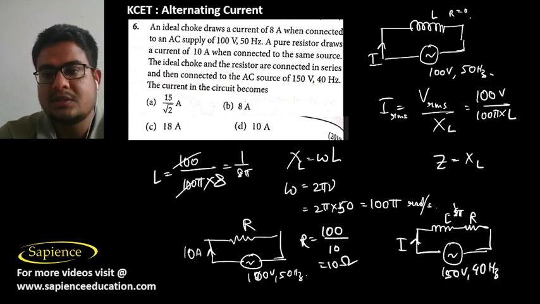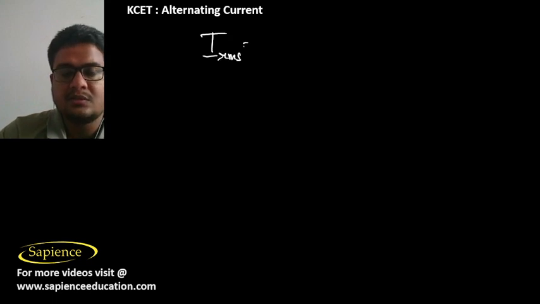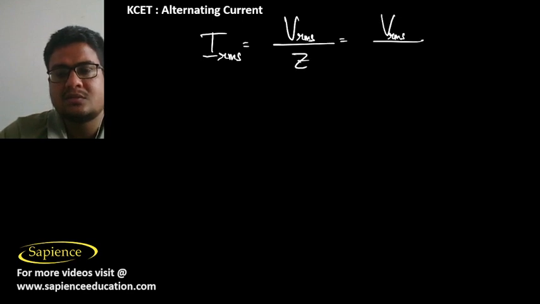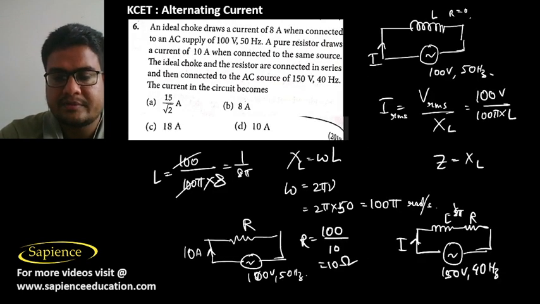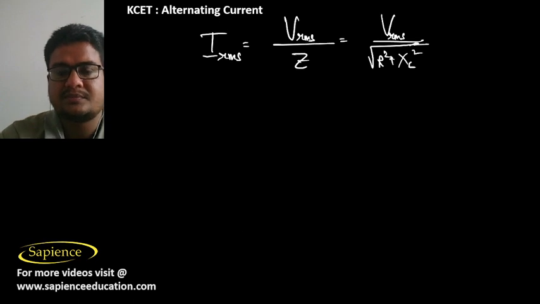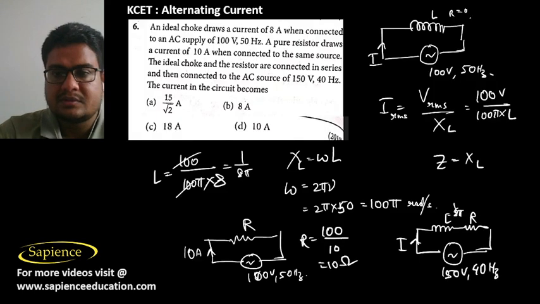Here we have to find the current in the new circuit, that is Vrms by Z, where Z is equal to the root of R square plus XL square. There is no capacitor, only inductance is there, so we have to use only the inductive reactance.